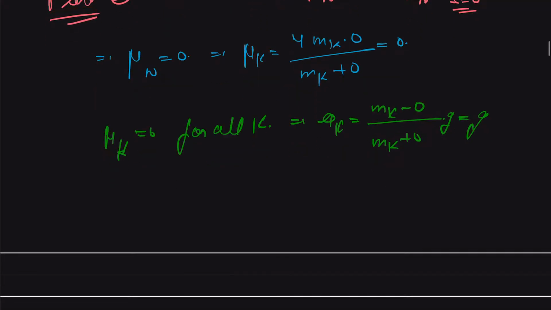Therefore, we can say that every mass is having acceleration a of k equal to g, which is nothing but free fall. So in the first case, everything will be in equilibrium, and in the second case, every mass will be in free fall.